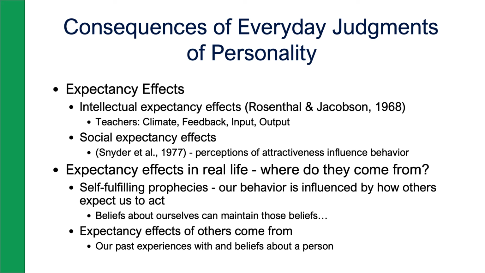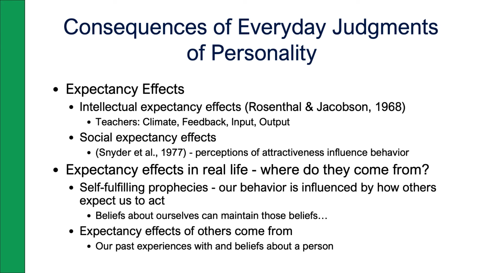Here's a different example. If we have a coworker who we believe is just not very friendly and seems to always treat us abruptly and maybe rudely and seems to always be in a bad mood, that creates an expectancy or a self-fulfilling prophecy that no matter what we do, that person is going to treat us that way.